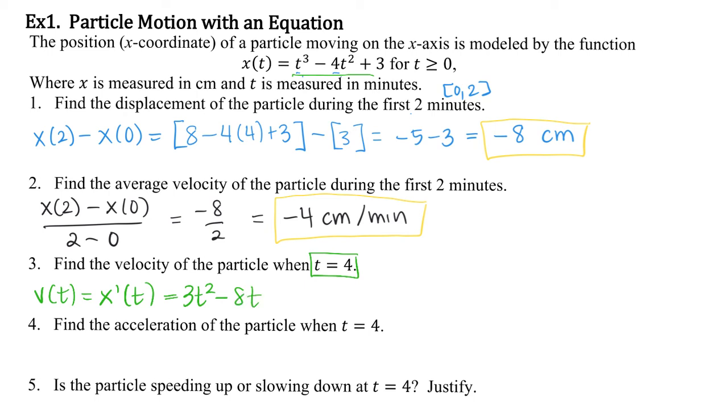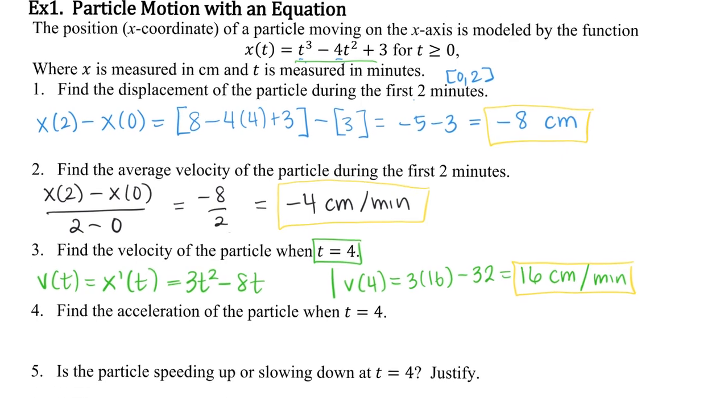They want the velocity when t is 4, so I want v of 4, which is 3 times 16 minus 8 times 4, minus 32. 48 minus 32 is 16. This is velocity, so that's the displacement per minute. At exactly t equals 4, the velocity is 16 centimeters per minute, and it's positive, so it's moving to the right.